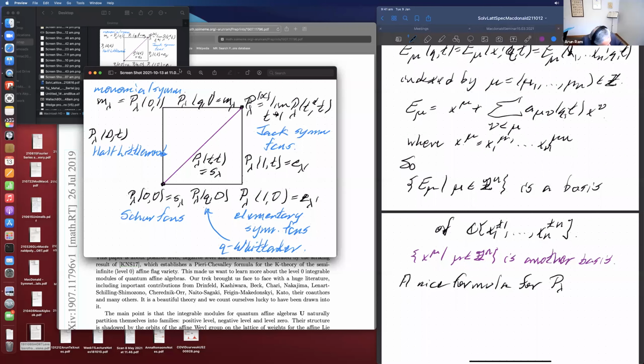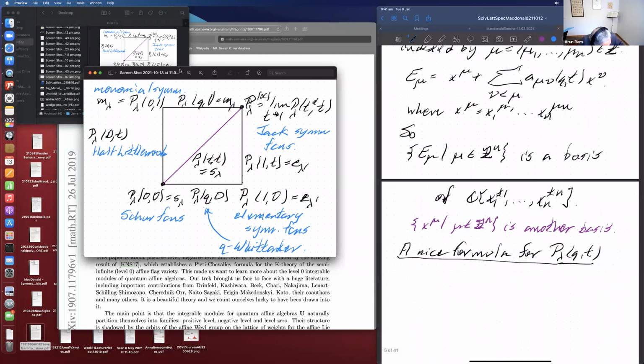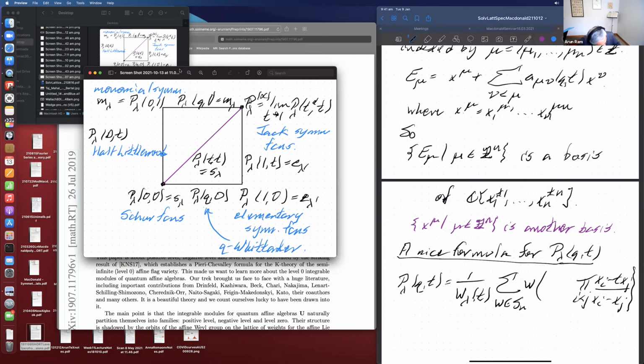If I'm going to compute a symmetric Macdonald polynomial, then what I should do is symmetrize: a normalization constant, 1 over W_lambda(t), times the sum over the symmetric group of w applied to a factor, which you might call a t-Vandermonde, or I like to call it a c-function, and then here you put E_lambda.